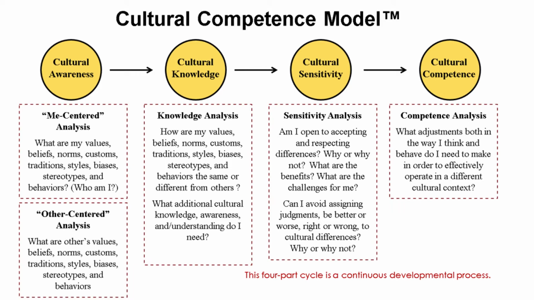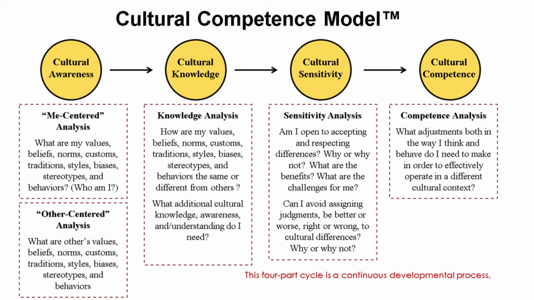So how are my values and how are my norms and customs and biases the same or different to others? So it might be that we share the same values as other people, or we have different values to other people. Understanding this helps us move towards becoming more culturally competent and less discriminatory.